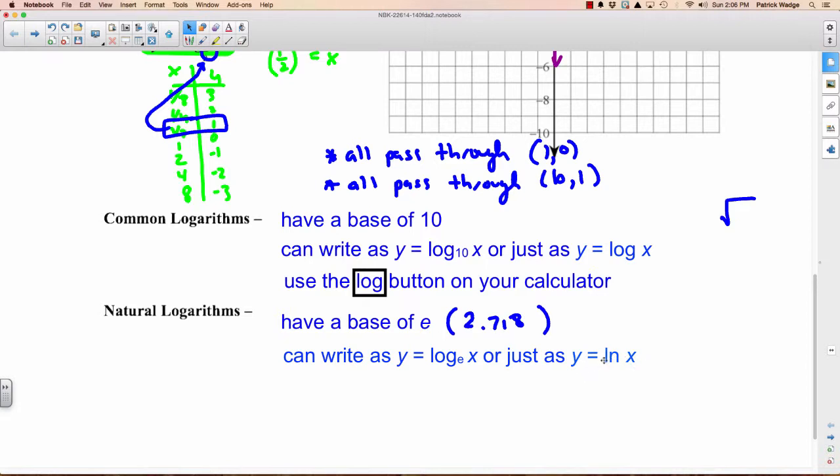This means the natural logarithm of x, and those are the same as each other. If you're using your calculator, you would use the ln button. And as I talked about before, e is a really important number in finance, natural systems in biology, engineering, all sorts of things. But we won't talk too much more about that today.